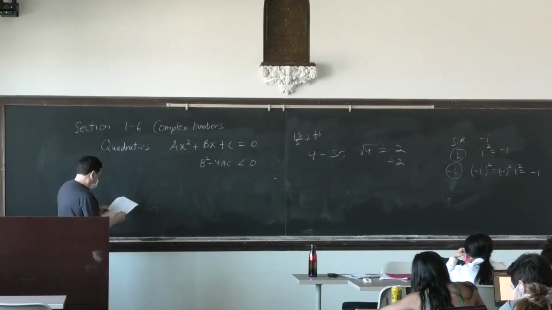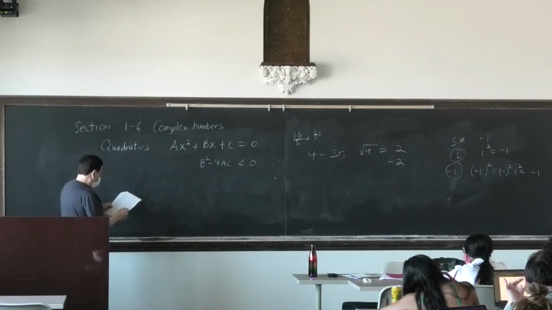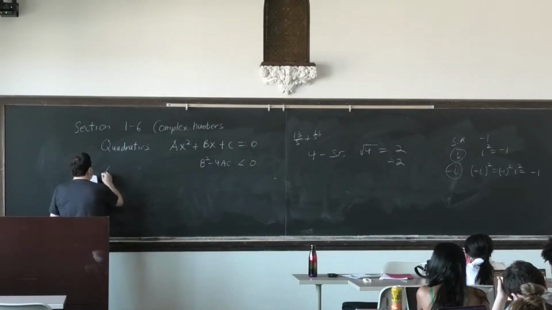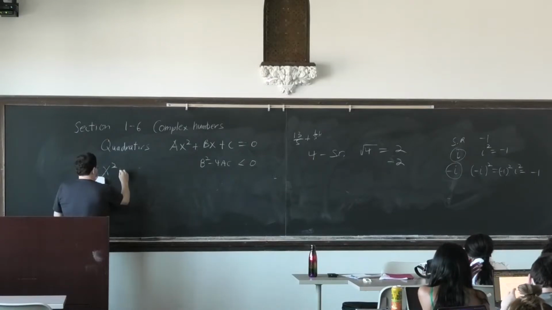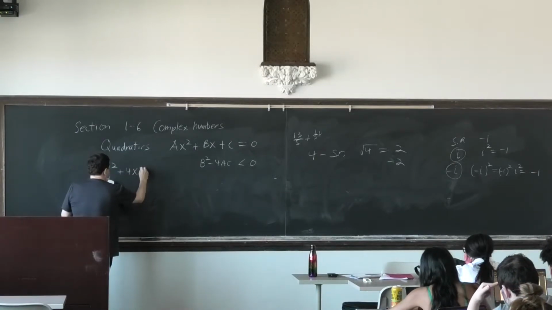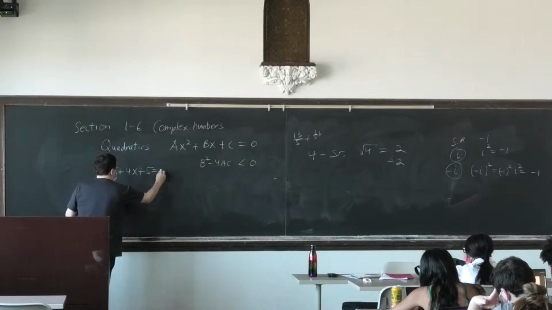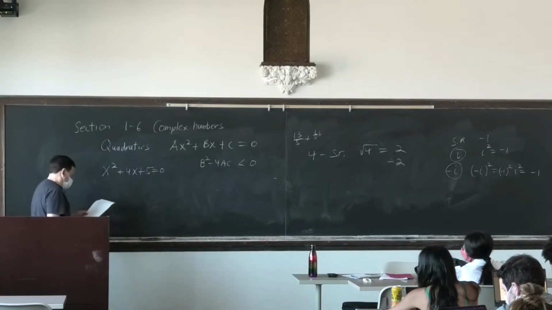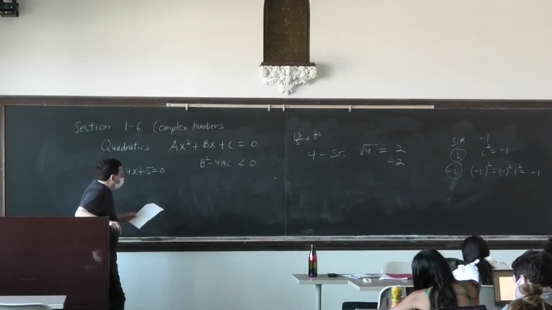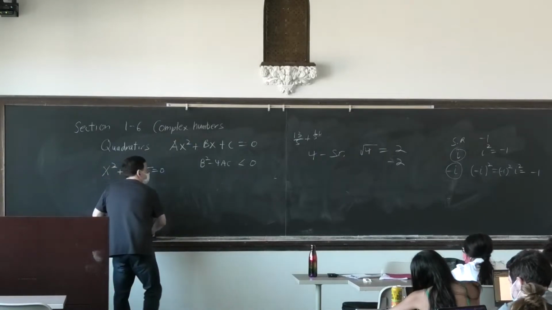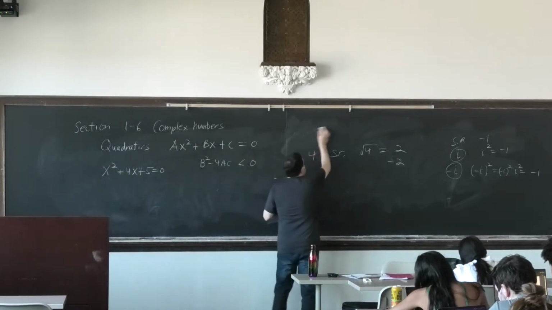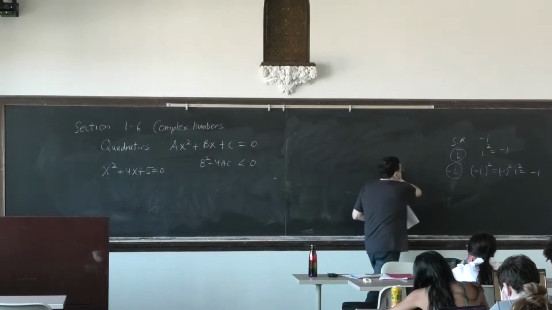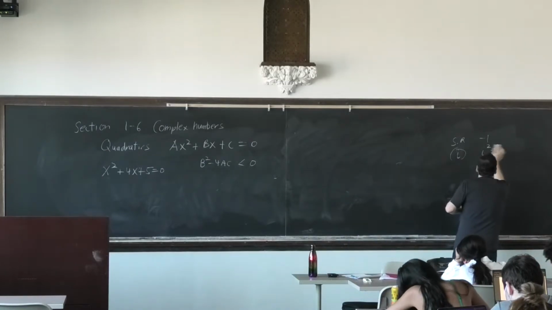Take a simple example. x squared plus 4x plus 5 equals 0. Well, a straightforward way to go about that is, of course, just to apply the quadratic formula.